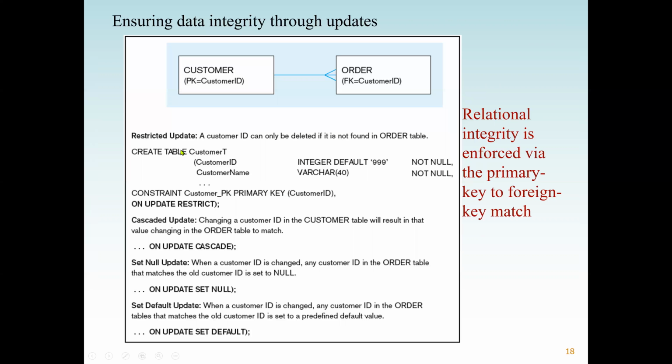Here we say restricted update: a customer ID can only be deleted if it is not found in the other table. If I have a customer ID in the other table, I cannot delete it from the customer table.